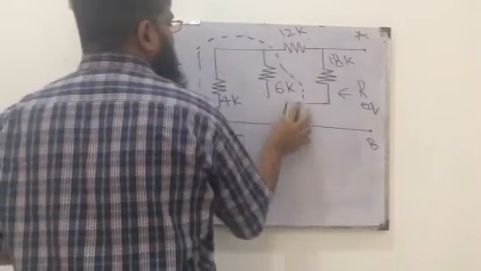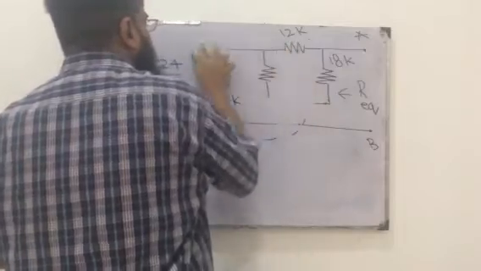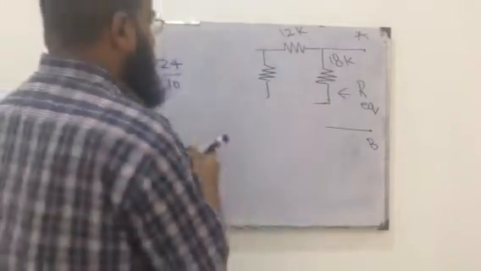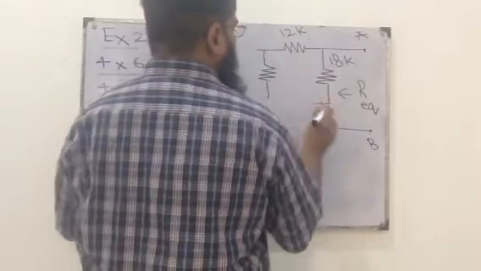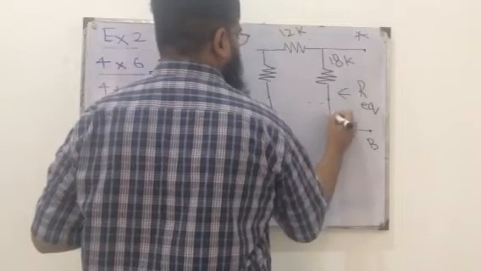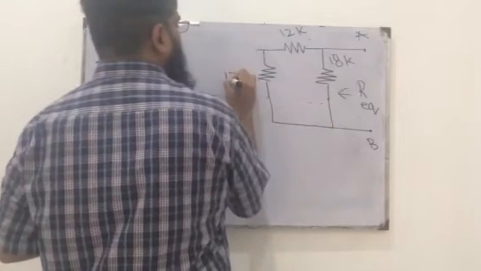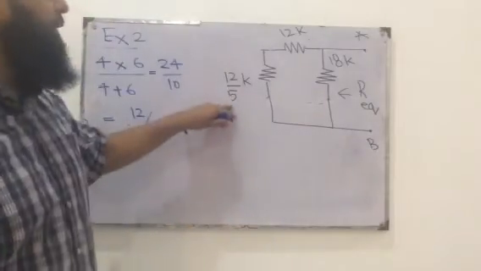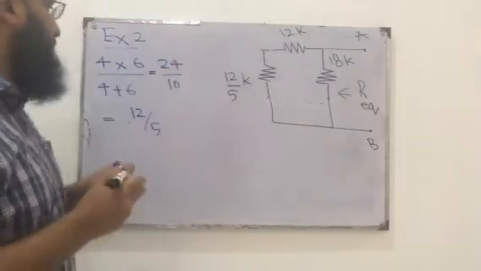So this whole can be replaced with a single resistor having magnitude 12 over 5. Now we have this 12 over 5K resistor in series with 12K resistor.